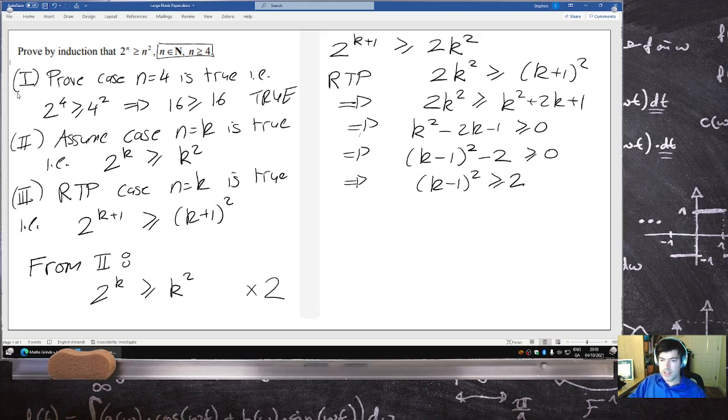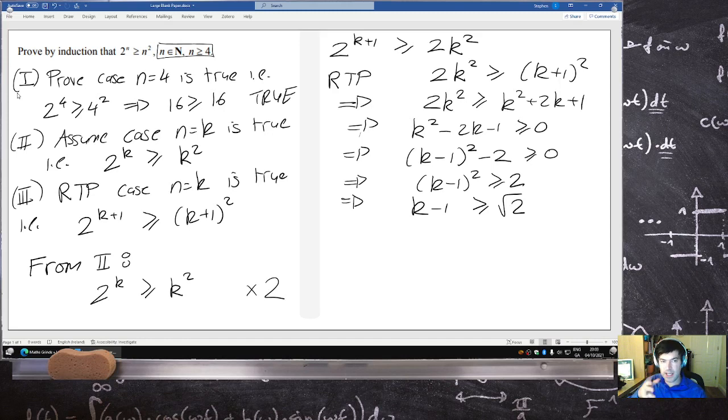And the answer is, this is true, since k must be greater than or equal to 4. So the smallest that this could be is 3, you know. Or if you don't like that, you can take the square root. k minus 1 has to be greater than or equal to the square root of 2.